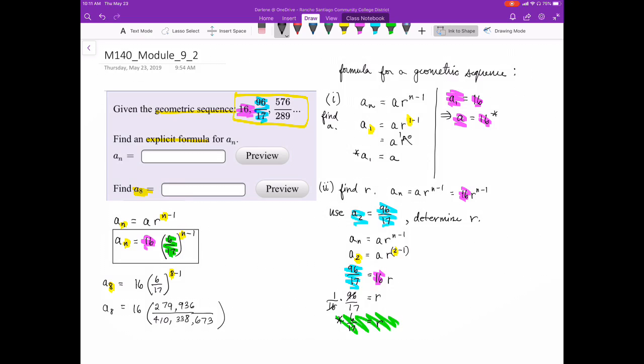And then times 16 would become 4,478,976 all over 410,338,673. Now this is a little bit of larger values for the numerator and denominator. So sometimes they just put in the decimal representation, which is 0.01.